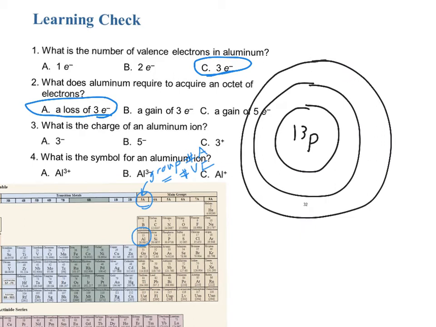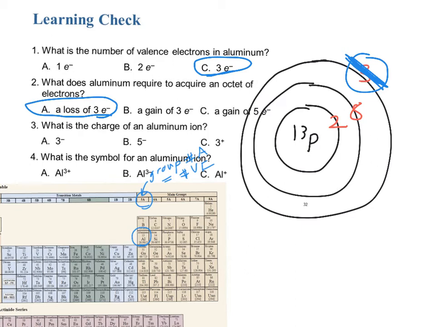The electrons are going to be distributed 2, 8, and 3. The easiest thing for aluminum to do to get an outermost shell with 8 is to redefine its outermost shell. So this is going to be another example of a Kirk ion formation. We redefine what our valence shell is. So it's going to lose 3 electrons.